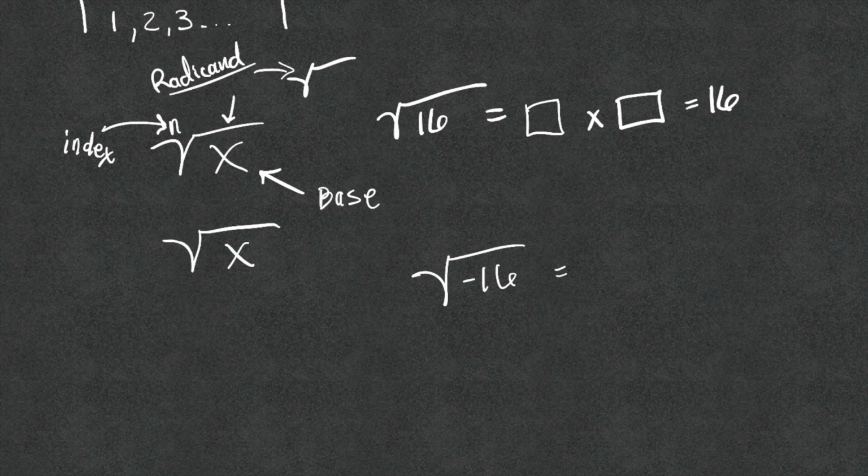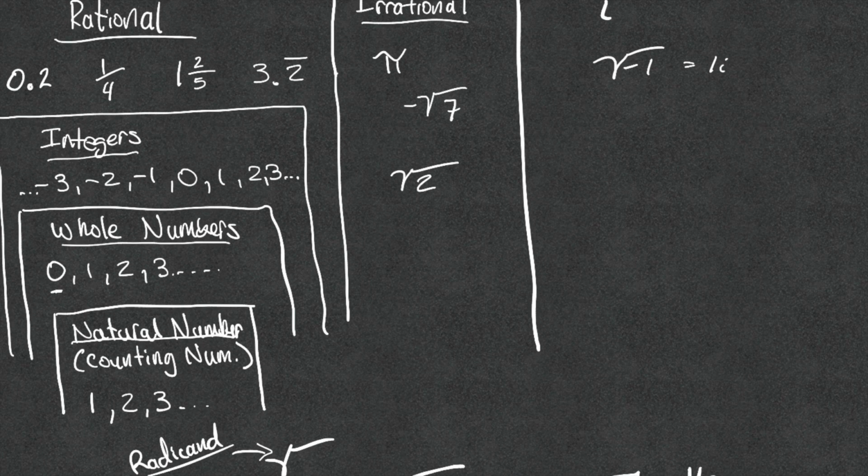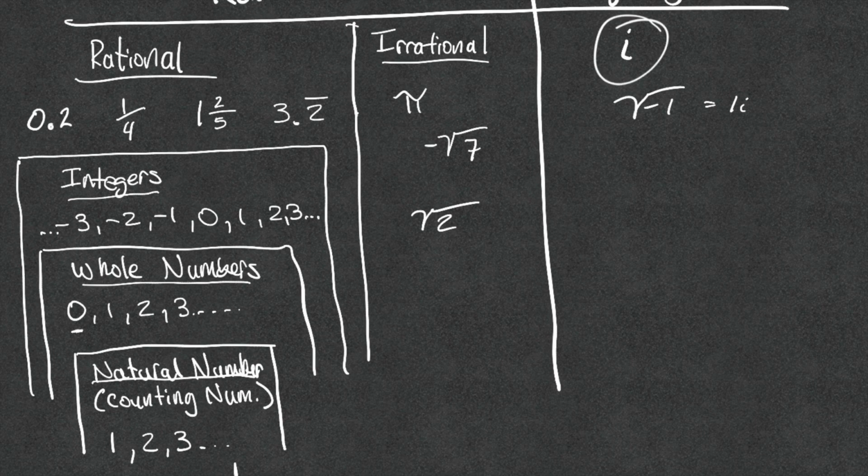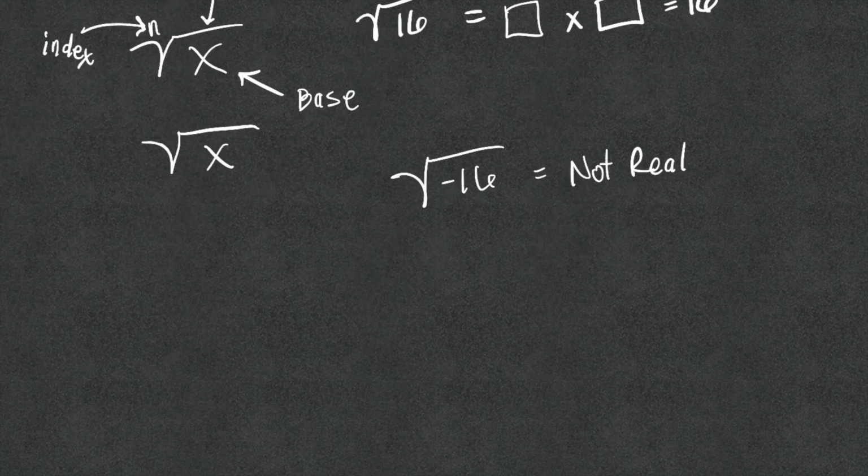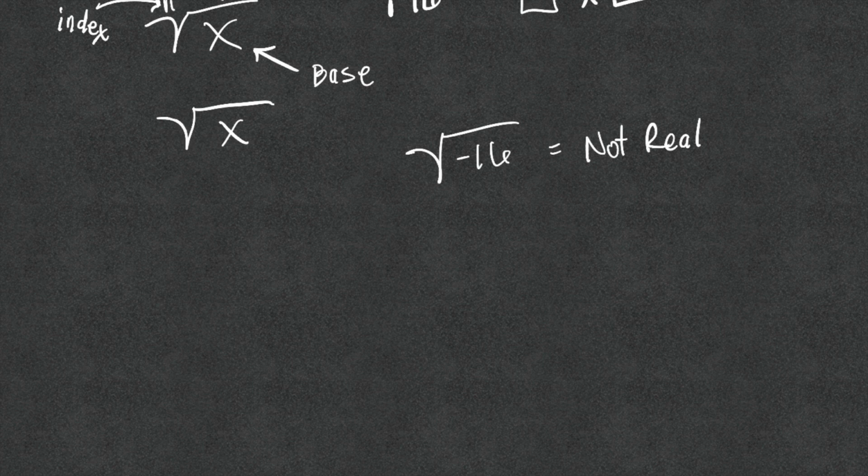We say this is not real, and we deal with it using one of these imaginary numbers we spoke about earlier. So we have a number like this. Well, it's irrational. The reason why it's irrational is because you can't square that perfectly.